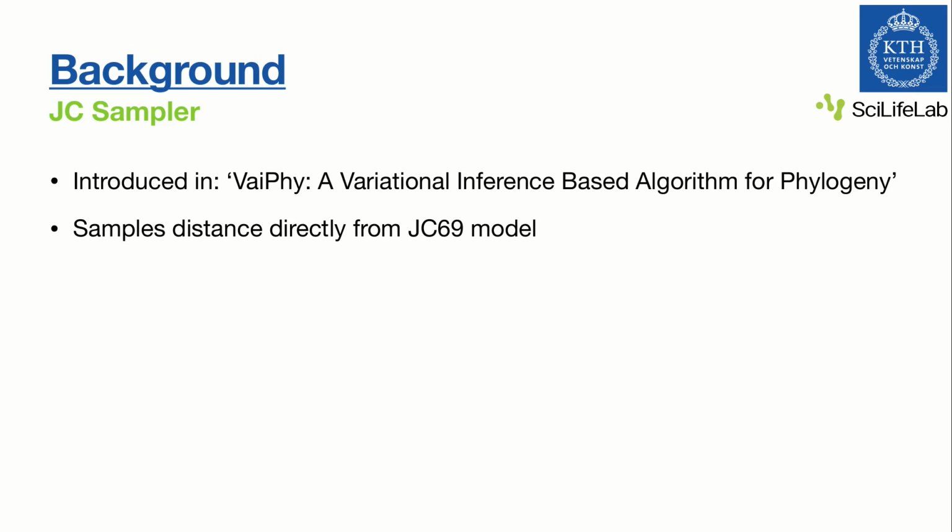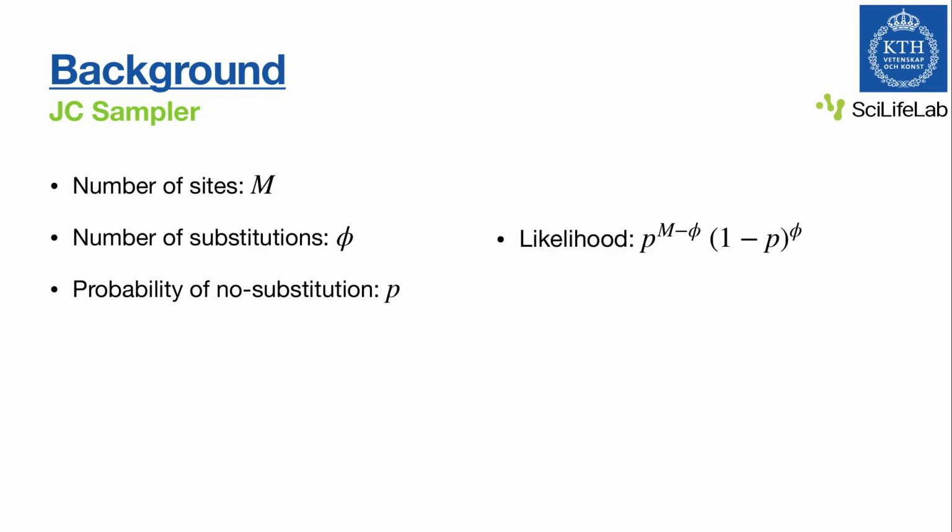Another work I want to mention is JC sampler, which we introduced in our previous project. What JC sampler does is it samples distances directly from the Jukes-Cantor 69 substitution model.